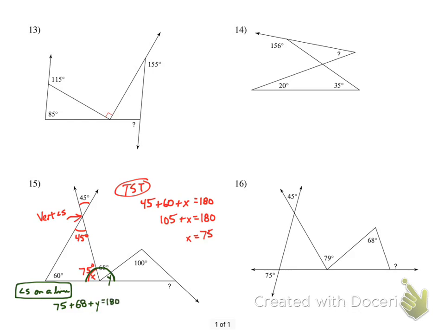So it's the same calculation. 75 and 68 is going to be 143. Subtract 143 from both sides. What does Y equal? Yeah, just 37.